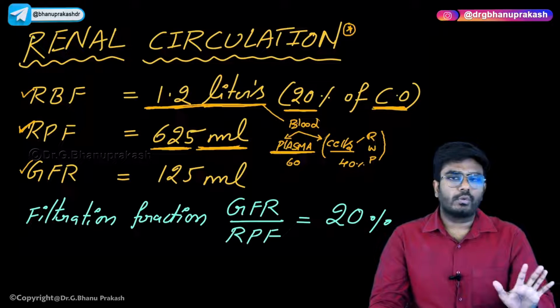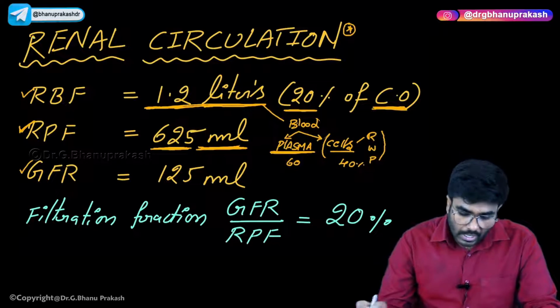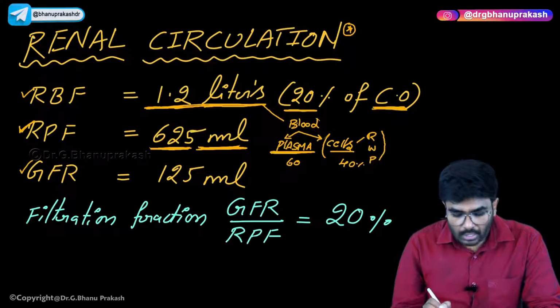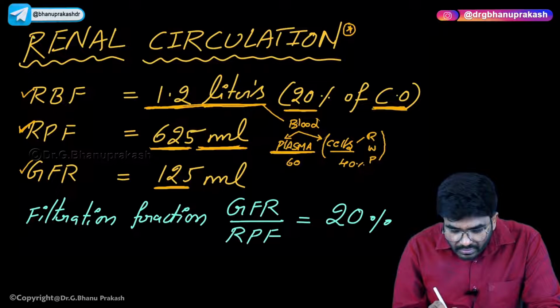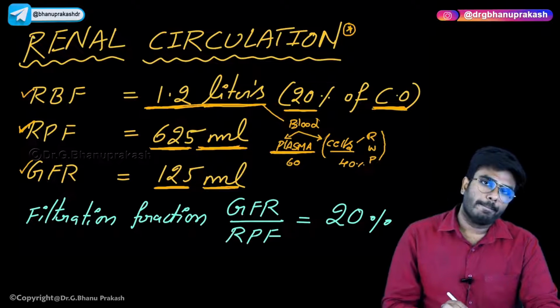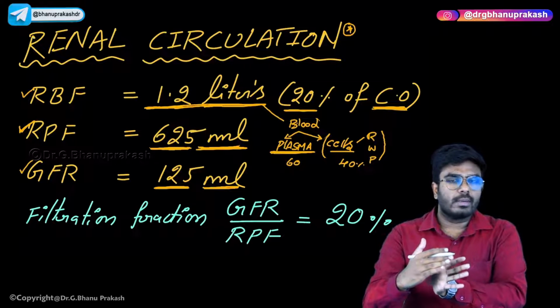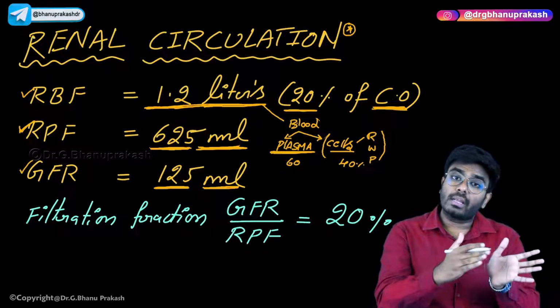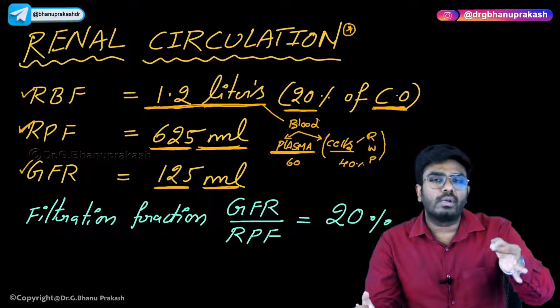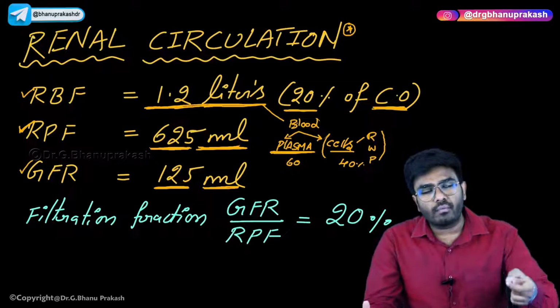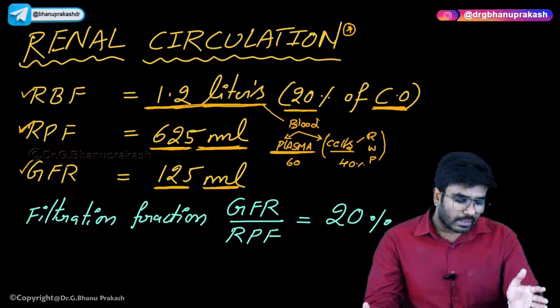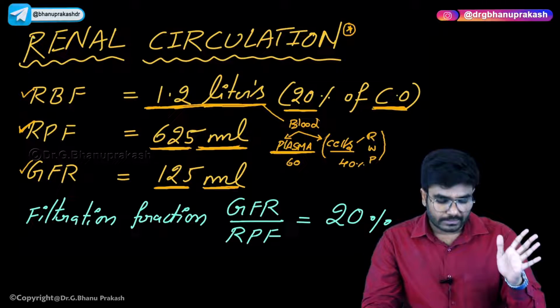No, it's not going to happen. Out of this 625 ml, only 125 ml will be filtered. The kidney has the capacity to filter 125 ml. That's the glomerular filtration rate per minute.